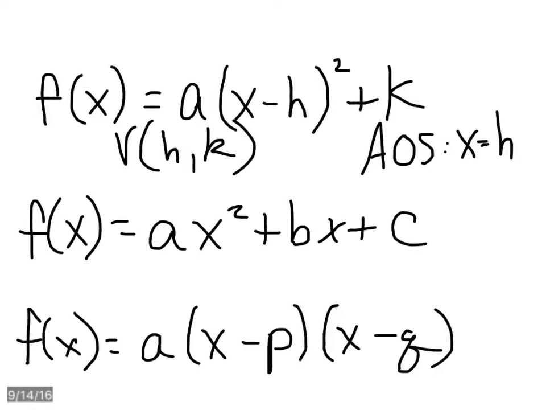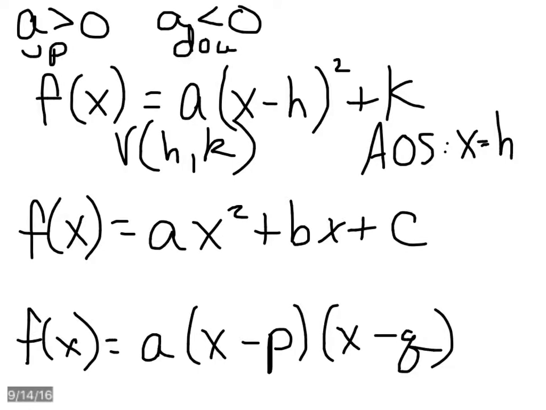The A tells you one of 2 things. Does anybody remember? Up or down. Okay? The A is going to tell you whether or not it's opening up or whether it's opening down.